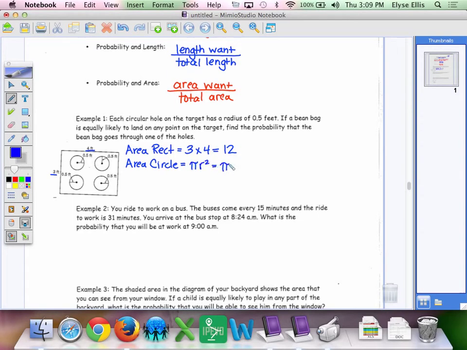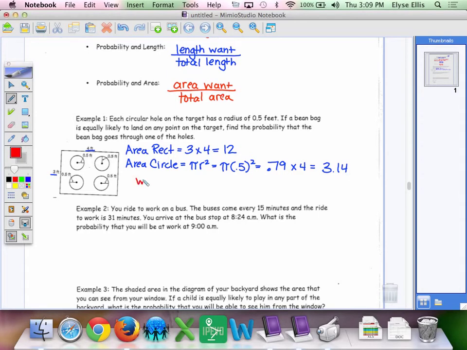In this case, our radius of each of those is 0.5. Well, pi times 0.5 squared, when you type that on your calculator and simplify, you should get 0.79. Now, there are 4 of those circles. So I'm going to times this by 4, and all of my circles together, I got 3.14.